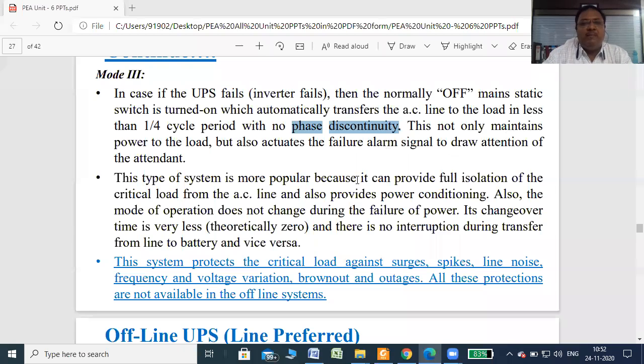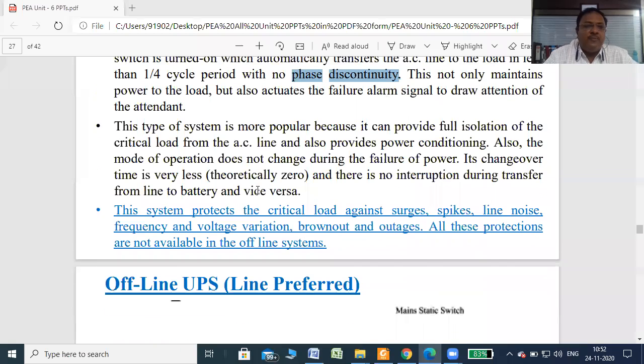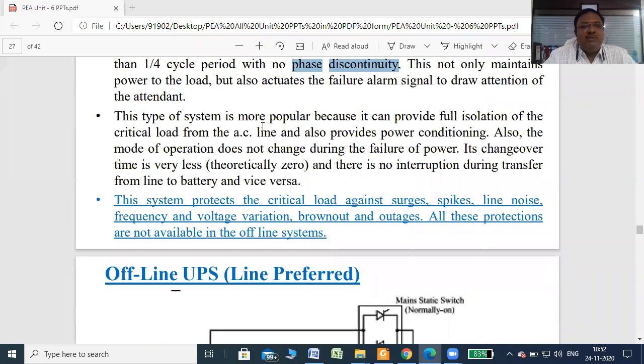This not only maintains the power to the load, but also actuates the failure alarm signal to draw the attention of the attendant. This type of system is more popular because it can provide full isolation of the critical load from the AC line and also provide power conditioning.